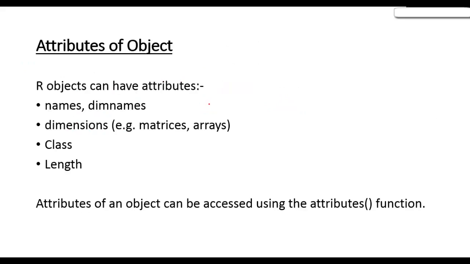Before we talk about this, there are certain things called attributes of an object. Each object will have names. These attributes actually reside in R as functions. So you can use a function like names, pass an object, and in return it will give the names of the object.